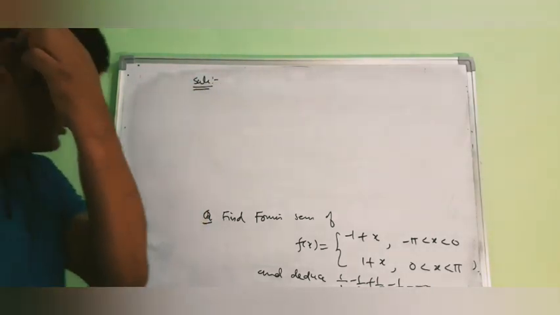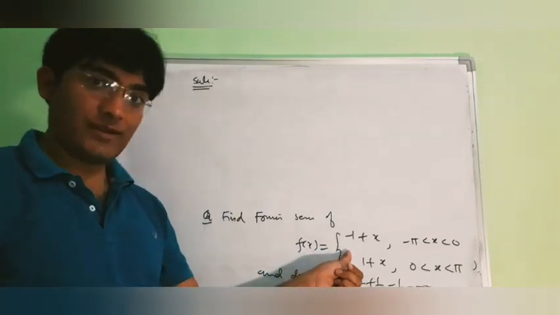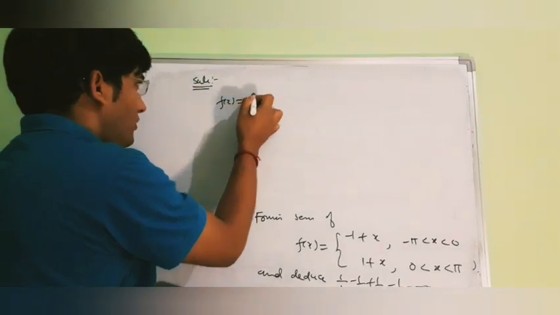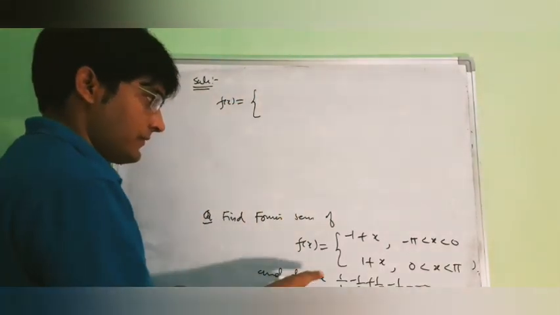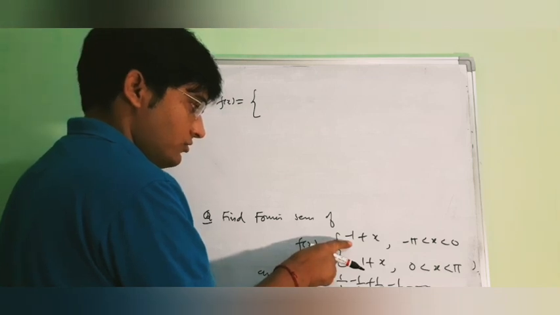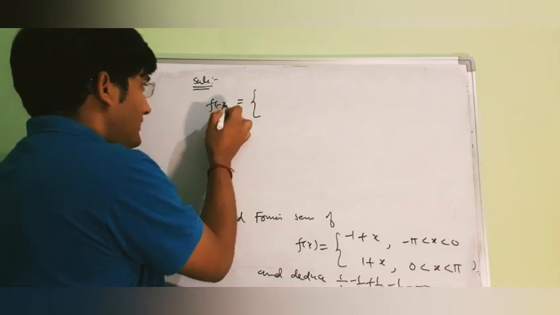Now you can see that here the function f(x) is an odd function. Why? We can also write f(x) as, let us take the minus sign from here. So let us write f of minus x.